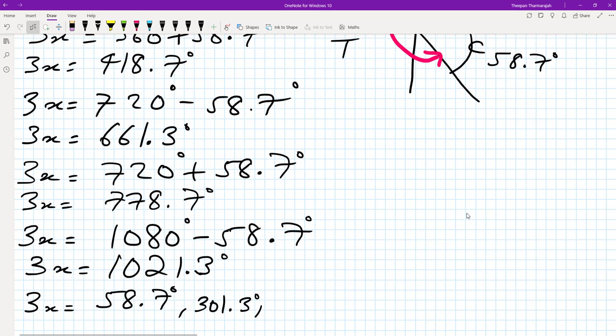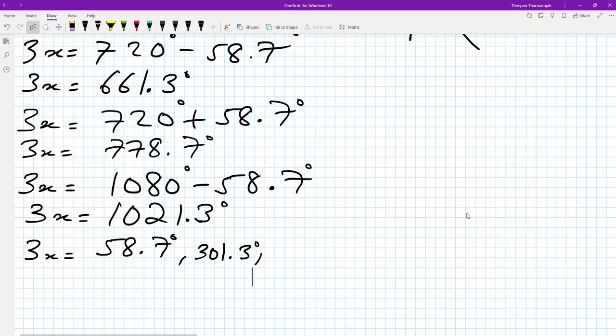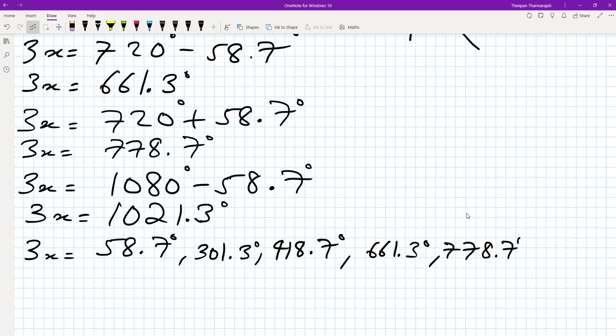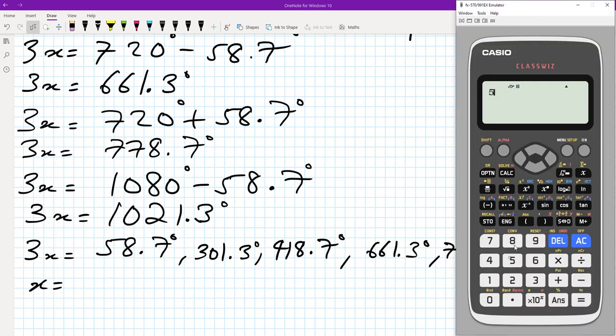Then we're going to get 418.7 degrees, 661.3 degrees, 778.7 degrees, and 1021.3 degrees. So now we can just divide everything by 3 to get the answers we need.